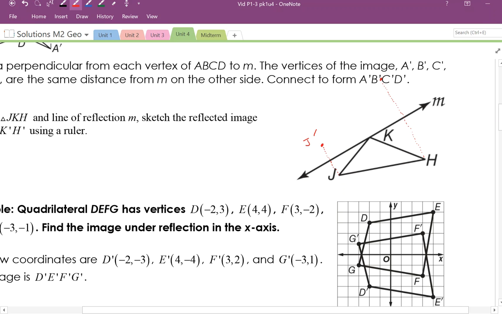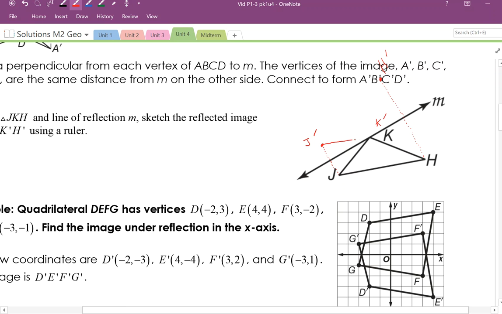And if I draw a point about the same distance away from line M, that would be H apostrophe. K and point K apostrophe are going to be the same point because K is already sitting on the mirror, on the line of reflection.